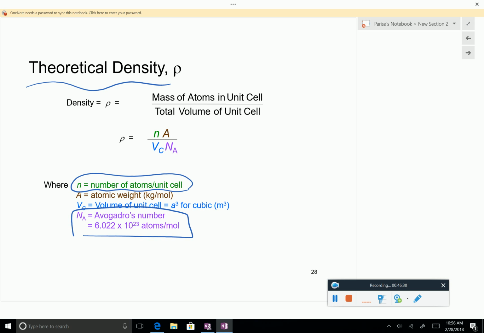So the volume of the unit cell is A cubed.